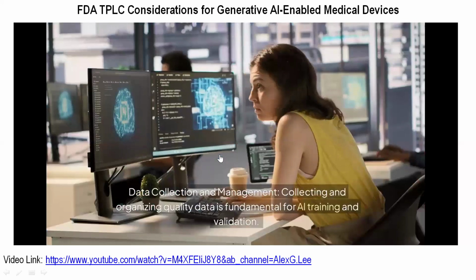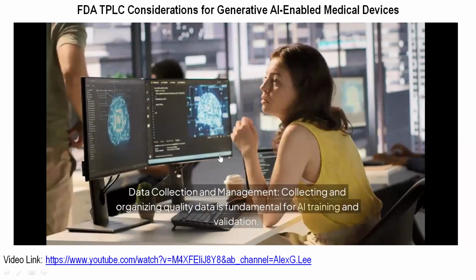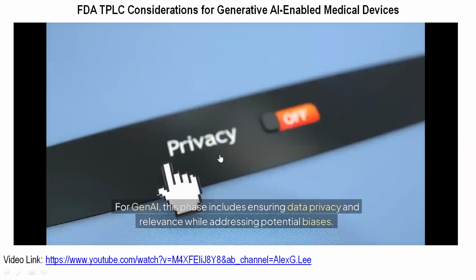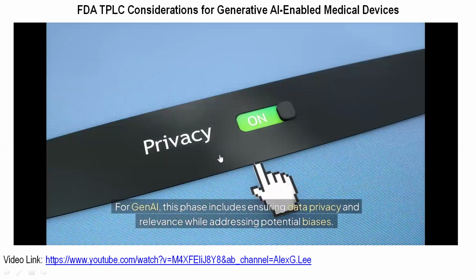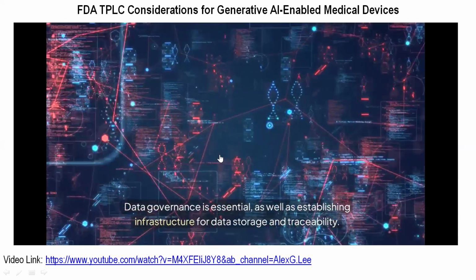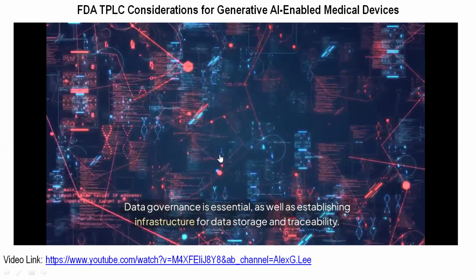Data collection and management. Collecting and organizing quality data is fundamental for AI training and validation. For Gen AI, this phase includes ensuring data privacy and relevance while addressing potential biases. Data governance is essential, as well as establishing infrastructure for data storage and traceability.